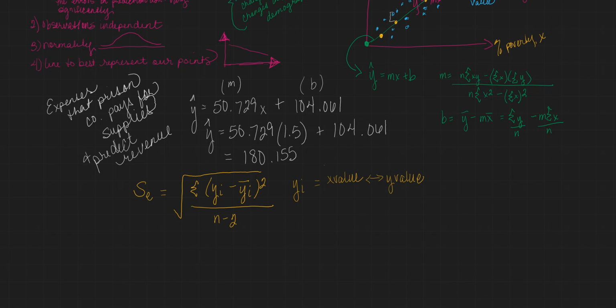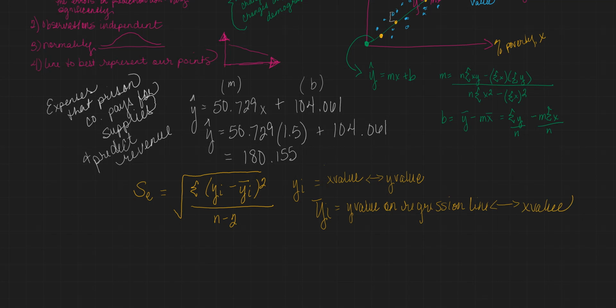So yi is just the y value for the given x value. And y bar i is the y value on the regression line that corresponds to a given x value.